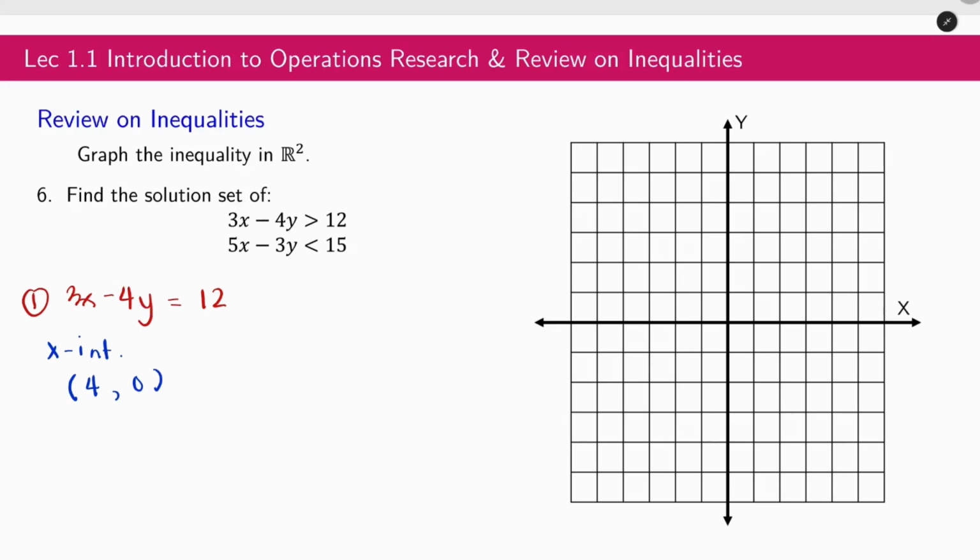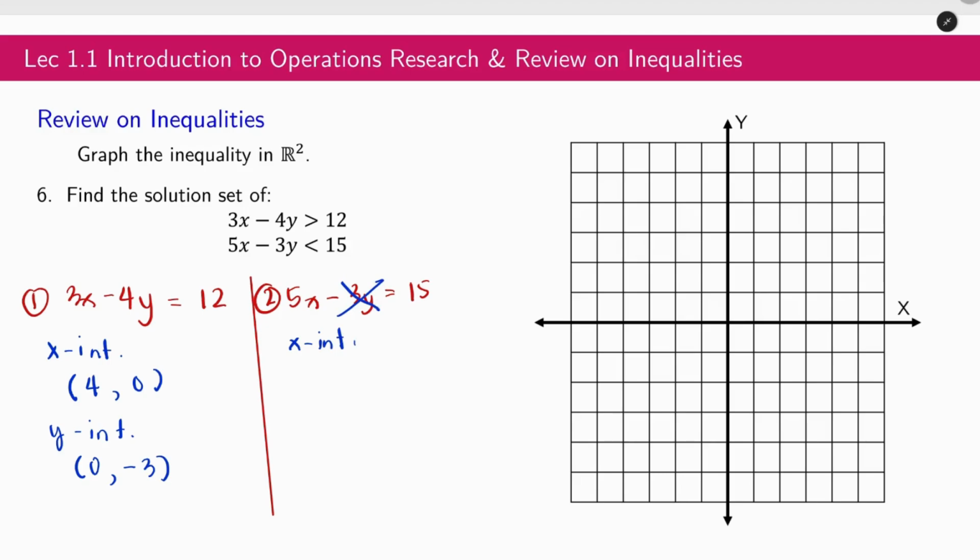Okay, for the y-intercept, takpan mo yung x. So, we have negative 4y equals 12. So, that would be ang x natin 0, ang y natin negative 3. Okay, x-intercept.